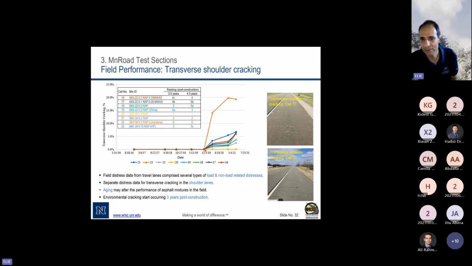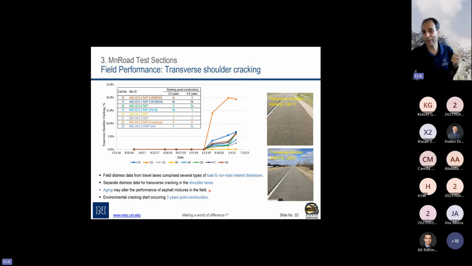After 3 years, for all of them but one, cell number 20, they started showing cracking. Interestingly, with the limestone, once the crack started it propagated very fast, whereas the other ones showed a slow propagation.